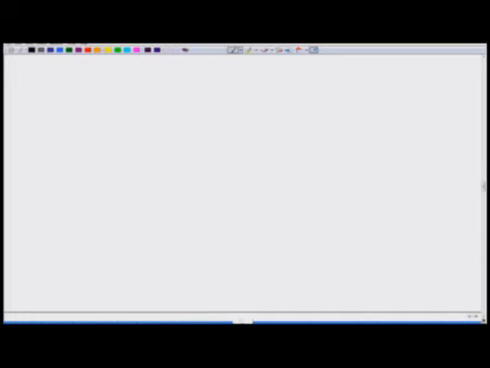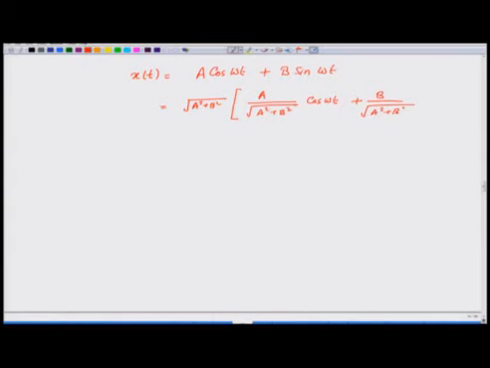So, let us look at the solution x(t) equals a cosine of omega t plus b sine of omega t, and let us write this slightly differently, multiplying by the square root of a square plus b square, and in the bracket I am going to write a over square root of a square plus b square cosine of omega t plus b over square root of a square plus b square sine of omega t.